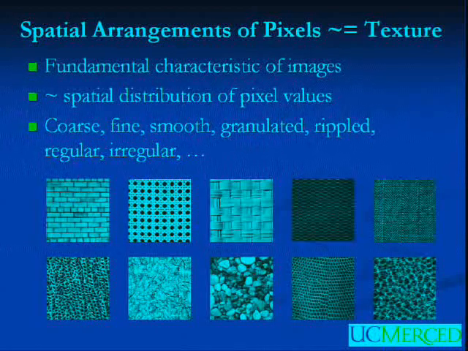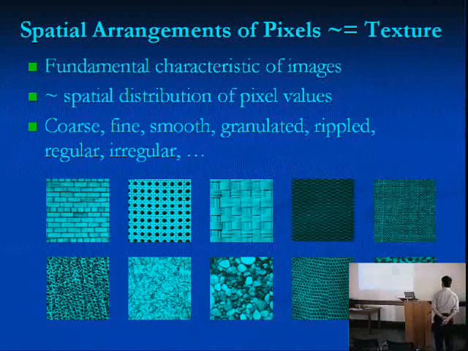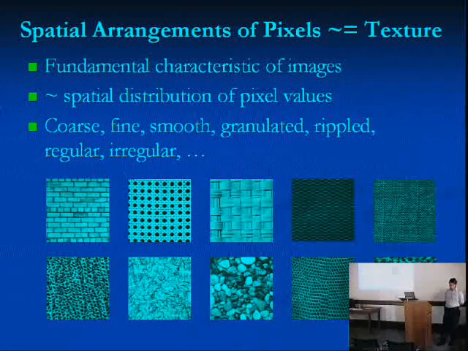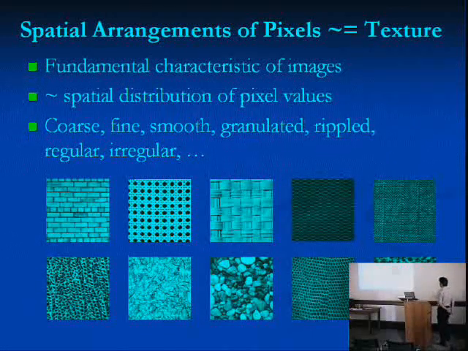But here's another set of images, which people would also probably agree have texture, but they're not nearly as regular or as deterministic, and yet using the word texture is equally appropriate to describe them. These are textured images, just like the images on the top row.